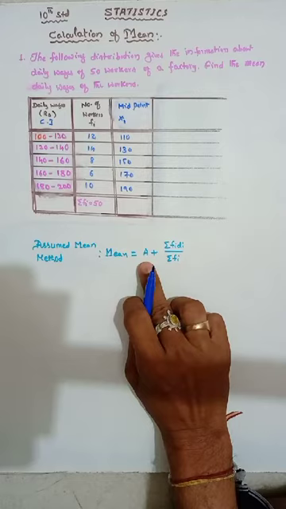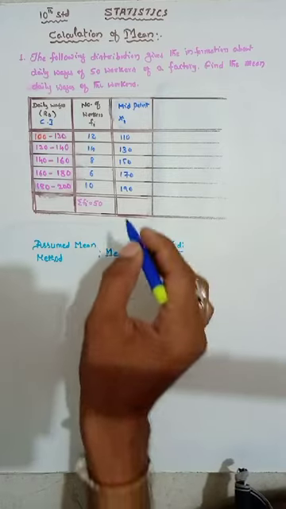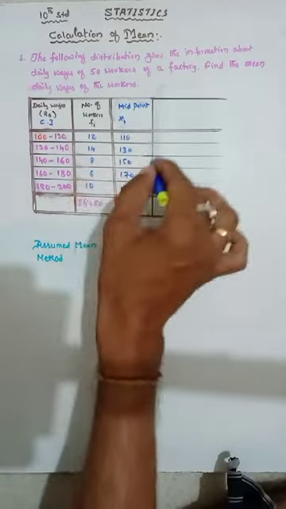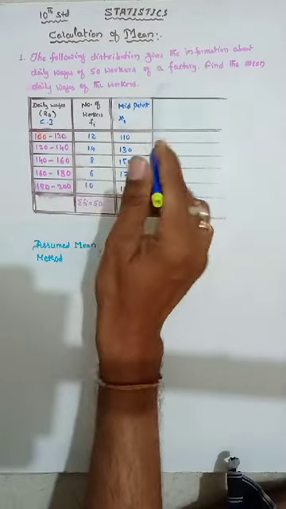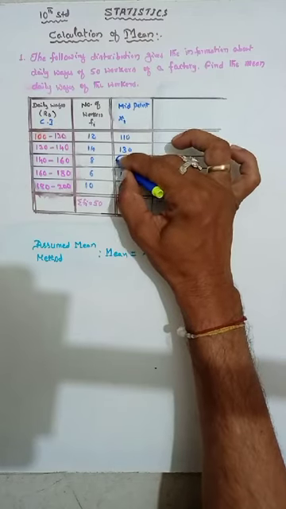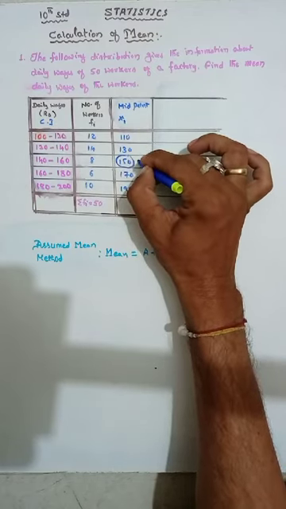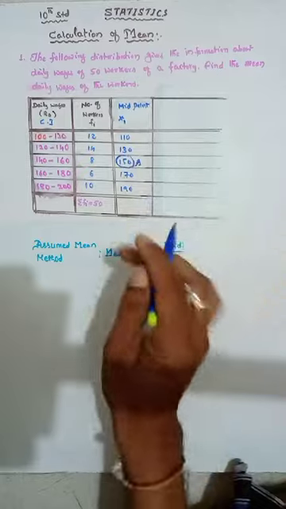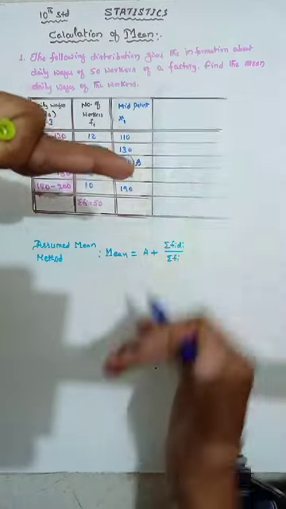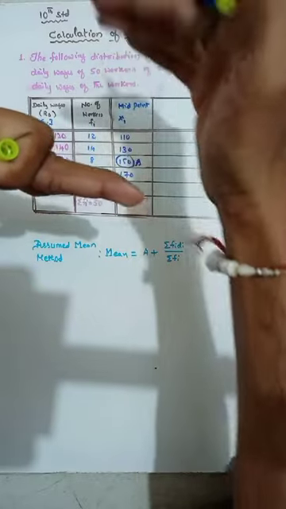Here, assumed mean means that the cluster of scores is deviated from the mean position. Here 150 is the midpoint of this class, is it not? This is taken as assumed mean A, because from the middle portion the scores are deviated either negatively or positively.